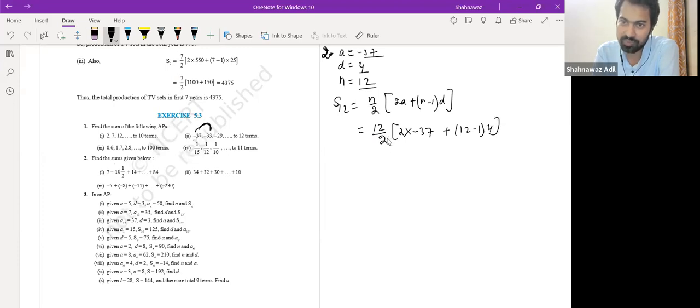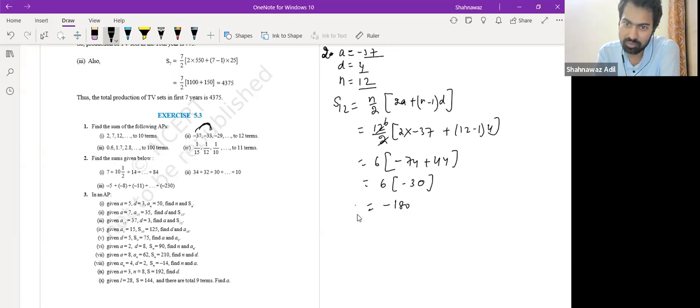So this is 6 into minus 74 plus 44, so 6 into minus 30. Right, guys?